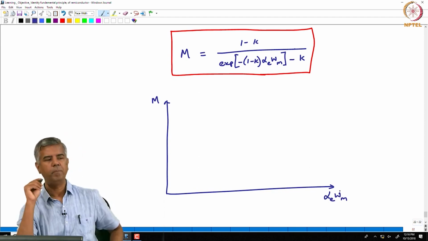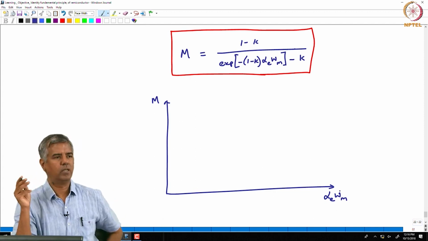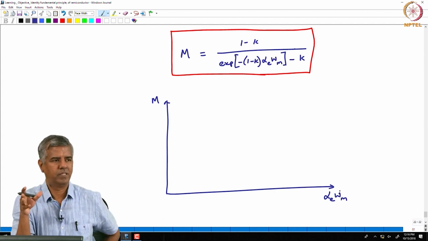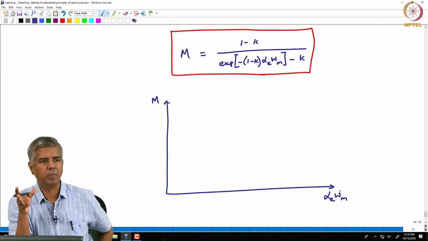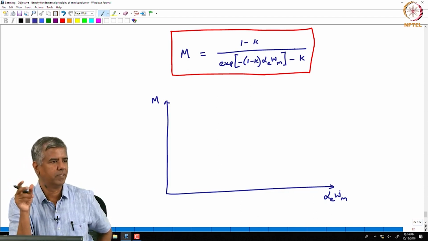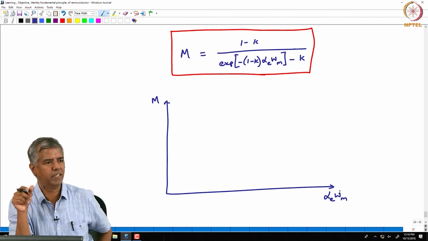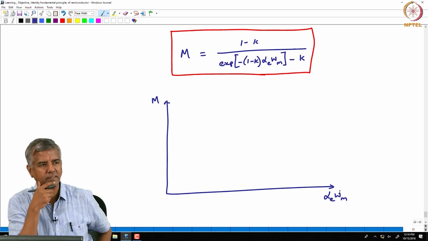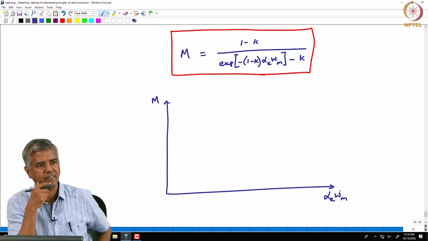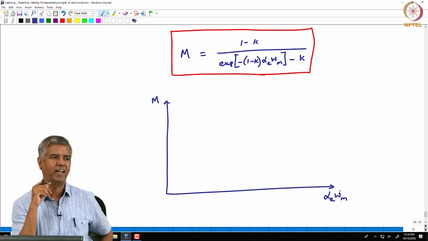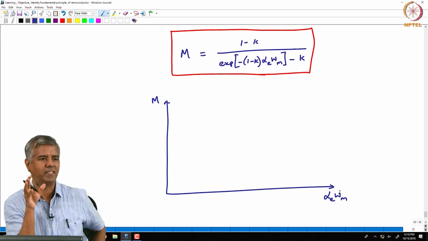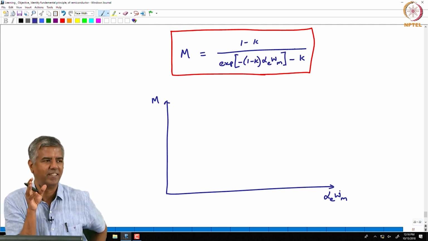Now, W m is a constant. Once you have your design for your avalanche photodiode, W m you are not going to be able to vary. Can you vary alpha e? Alpha e corresponds to the impact ionization coefficient. What does that depend on?